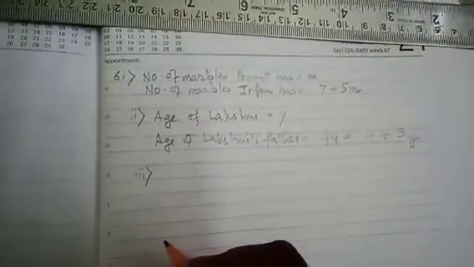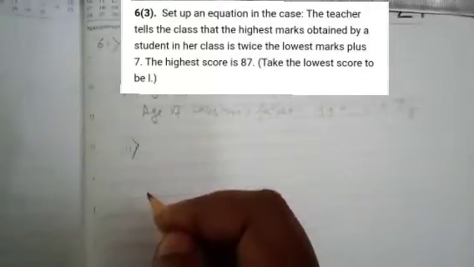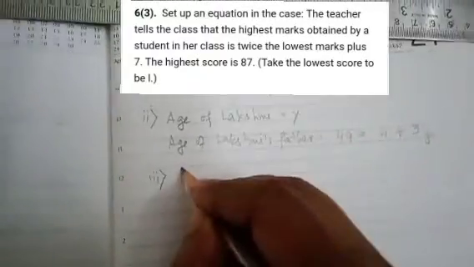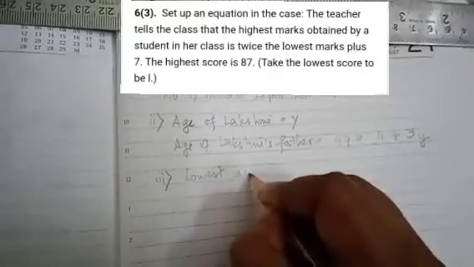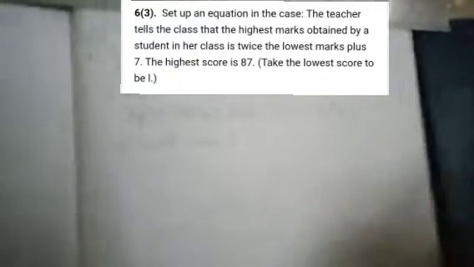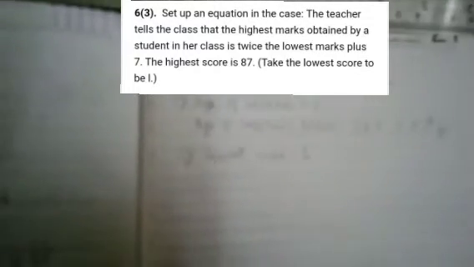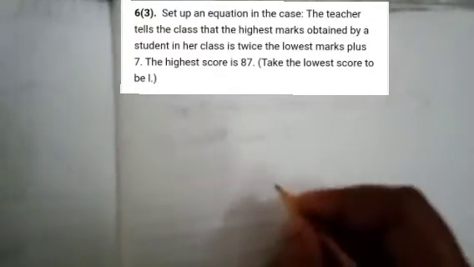So the lowest score is equal to L. Now the teacher tells the class about the highest score obtained.